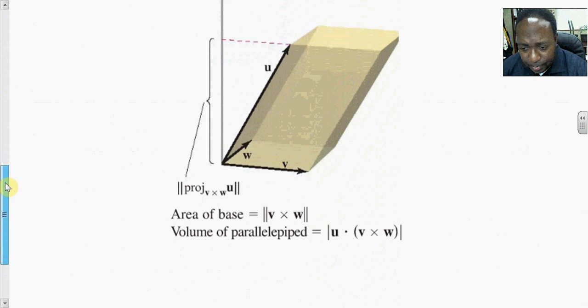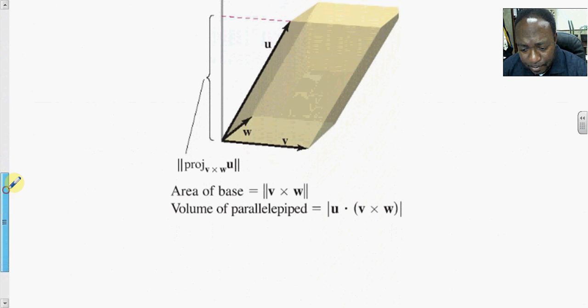So let's see. I want to be able to show you that the volume of the parallelepiped is indeed the absolute value of the dot product of u with the cross product of v and w. The volume is supposed to be the height times the base. Well, we need to get the height. We got the base area, right? It tells us that right here. The base area is this. The height is this projection.